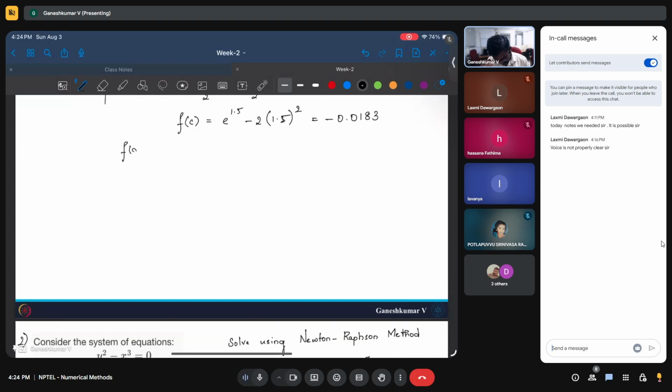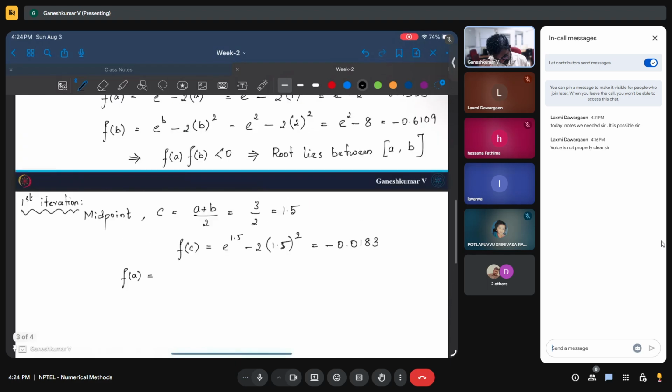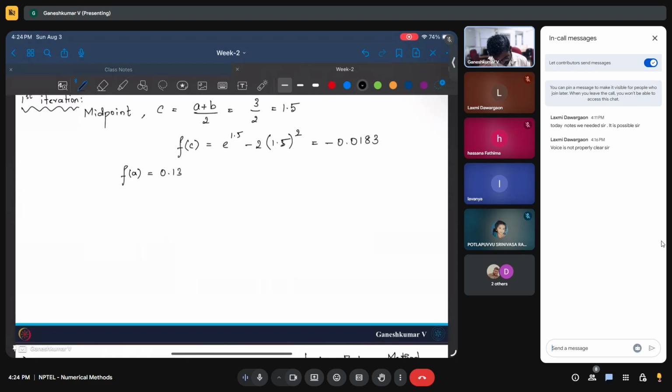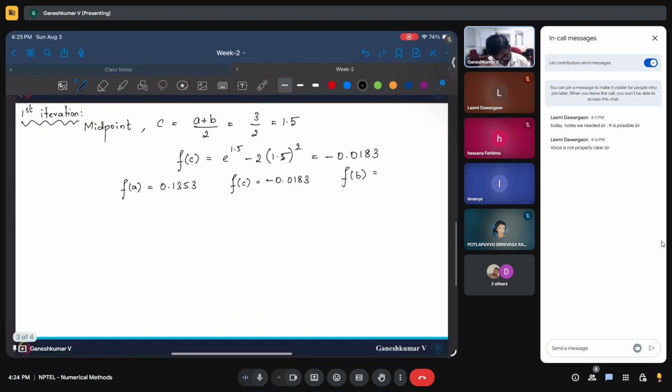So f of a is 0.1353 and f of c, which is the midpoint, is minus 0.0183, and f of b is minus 0.6109.